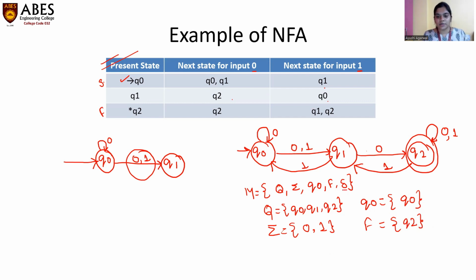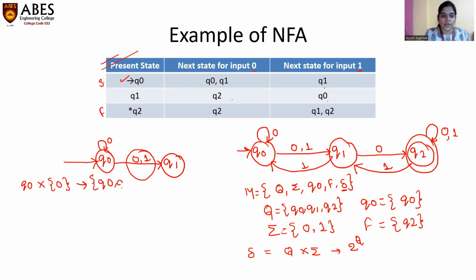Now let's write about delta. So the delta function has the equation Q cross sigma gives 2 to the power Q. So let's write the transition function for each state transition. First of all, we have Q0 by reading input 0, moving to state Q0 and Q1.